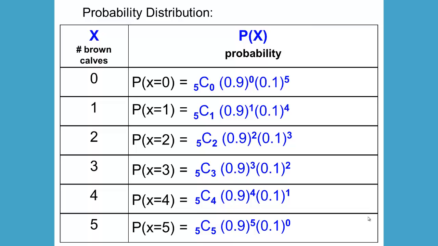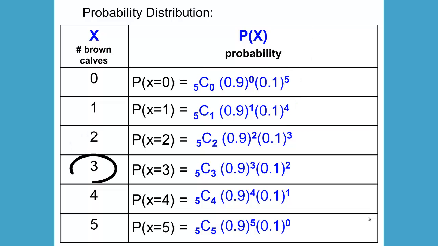If we are looking at 2, we know where the 5 choose 2 comes from. We know that we have 2 brown calves, so we know where the 0.9 to the second comes from. So where does the 0.1 to the third come from? Well, if we have 2 brown calves, 3 of the calves are not brown because there has to be a total of 5 calves. 5 minus 2 leaves us 3 left.